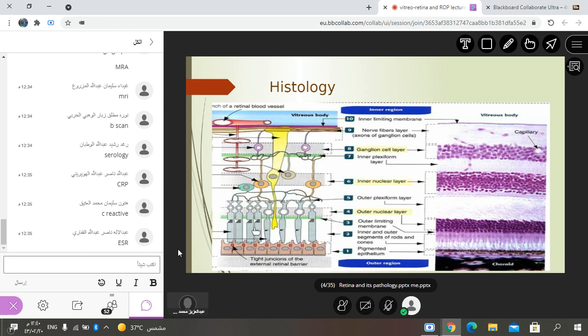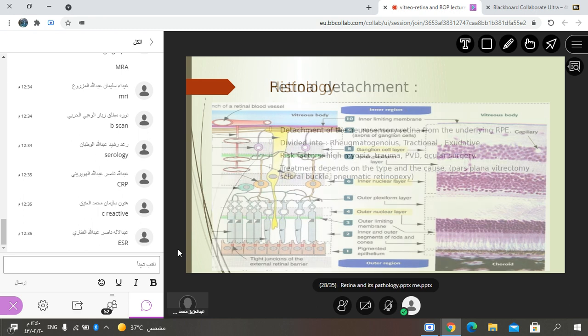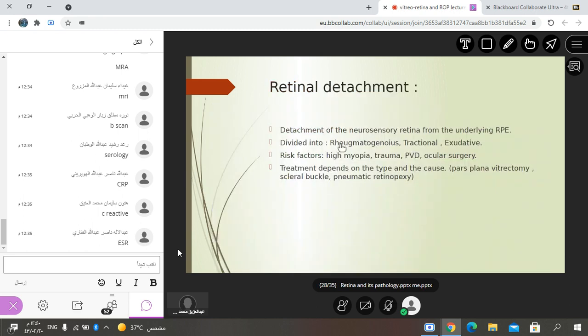One, exudative, when there is fluid. Rhegmatogenous, when there is a break here and fluid enters and separates it. Tractional, when there is traction fibrosis pulling the retina away from the underlying retinal pigment epithelium. So retinal detachment is divided into rhegmatogenous, tractional, exudative, or a combination of them.